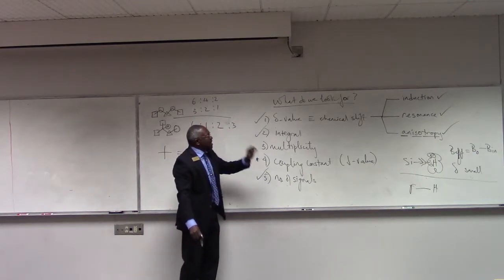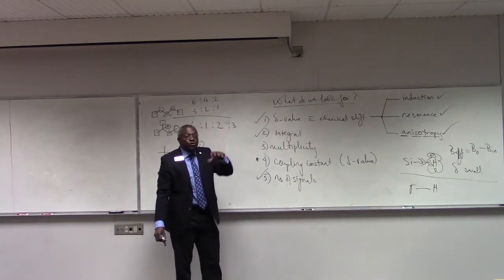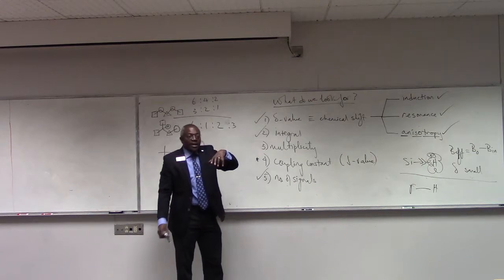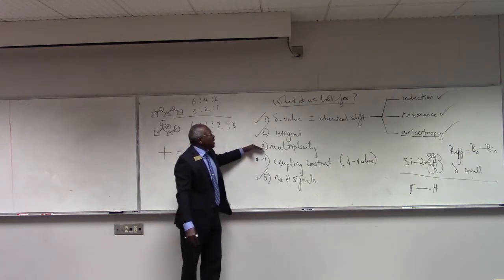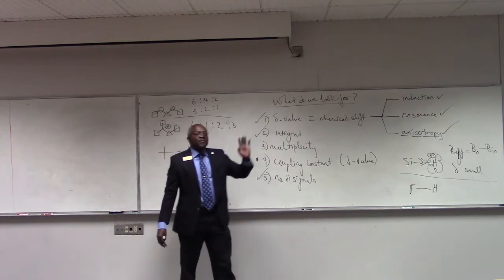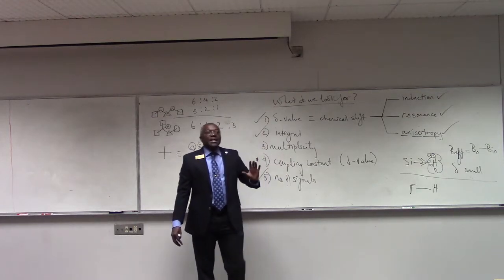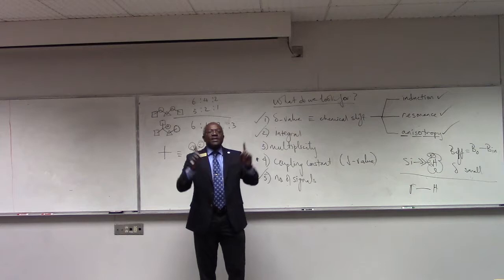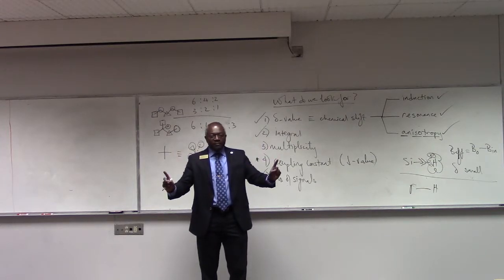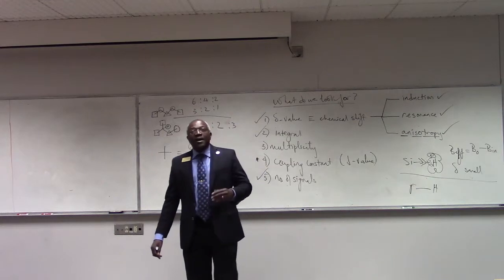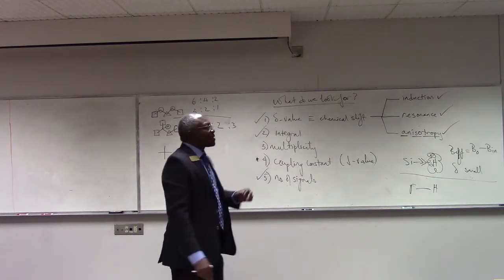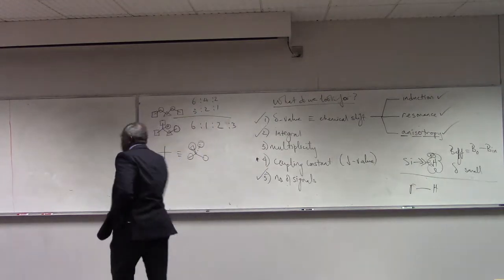The integral speaks directly to the proton under consideration and tells me how many of them there are. The multiplicity speaks to the number of neighbors, and by neighbors we mean protons on the adjacent carbon. So I'm going to describe how that works, and then we talk a little bit about the consequence.